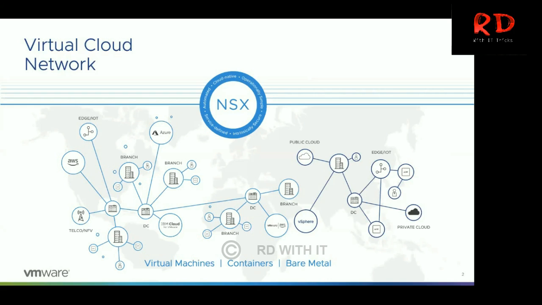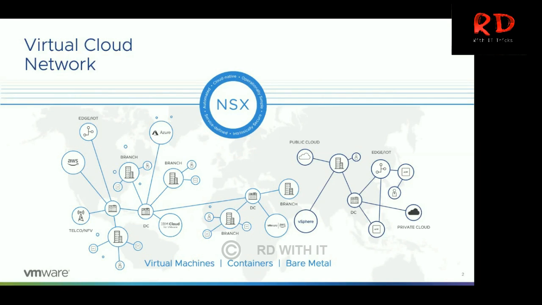Sure. So thanks, John. Just to set the stage, we have this concept of virtual cloud network. What we want to enable our customers to do is to connect and protect different types of endpoints wherever they may be. These might be virtual machines in your on-prem data centers.